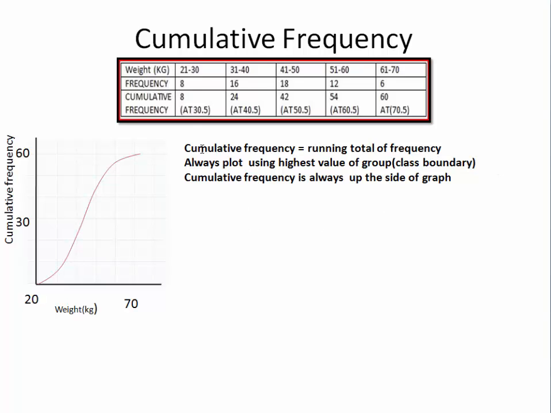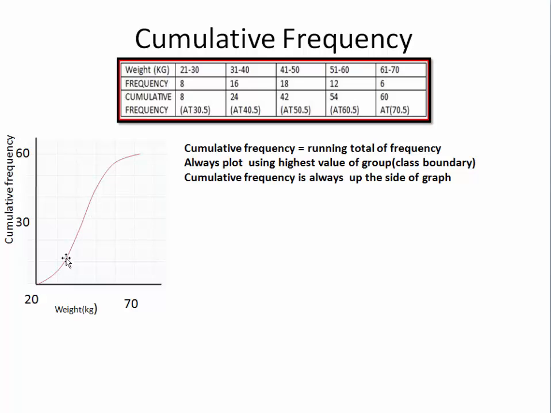So we would always plot the highest value of the group against 30.5. So here we'd have 30.5, and then the cumulative frequency we'd have 40.5, and then that cumulative frequency. So that's how we get this S-shaped curve.